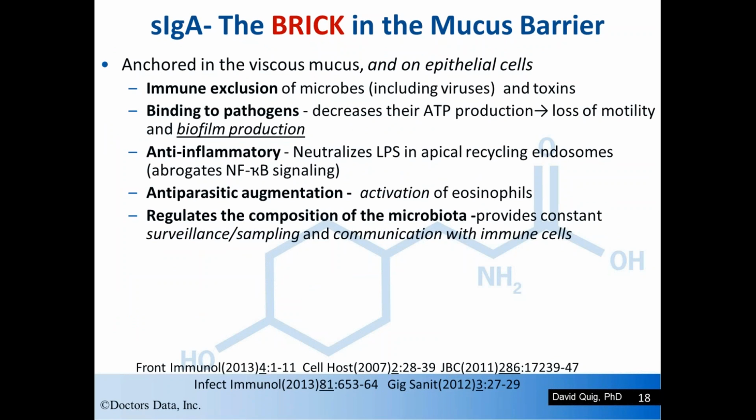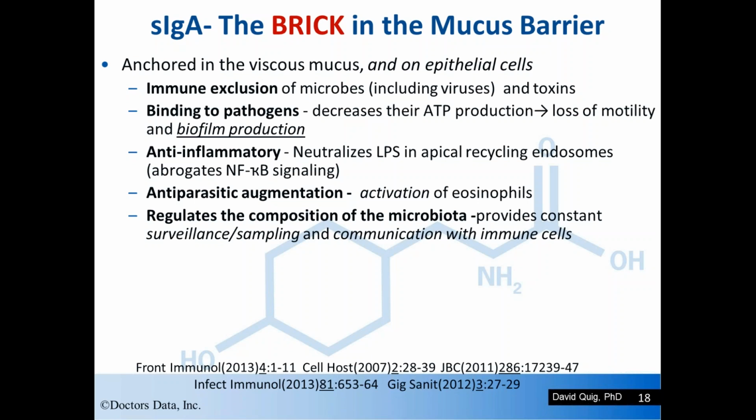Now, we also can't talk about the intestinal barrier system without a thorough discussion of secretory IgA, which is the absolute brick in the mucus barrier. Secretory IgA is anchored in the viscous mucus and on the epithelial cells, where it provides immune exclusion of microbes, including viruses, and also toxins produced by bacteria.